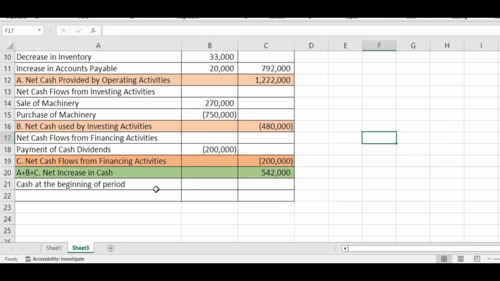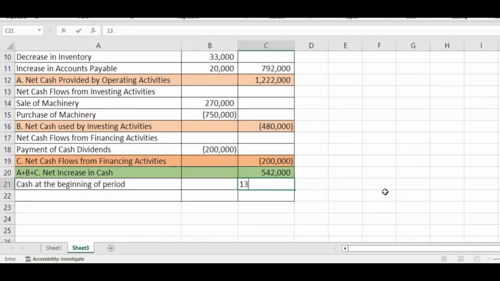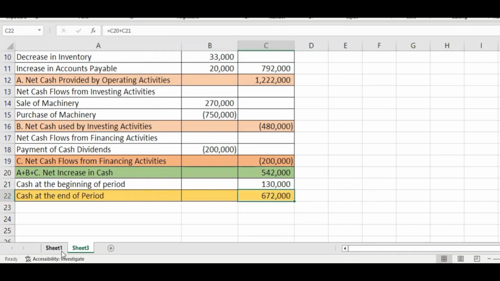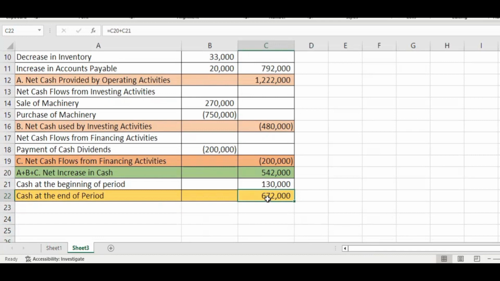Cash at the beginning of the period is 130,000. We add this figure with the net increase in cash and we get the cash at the end of the period: 672,000.